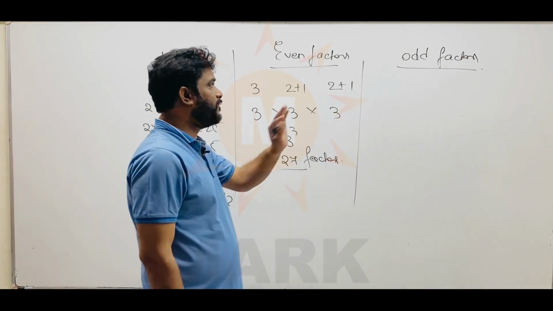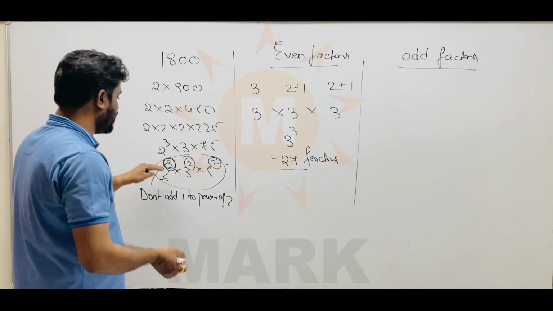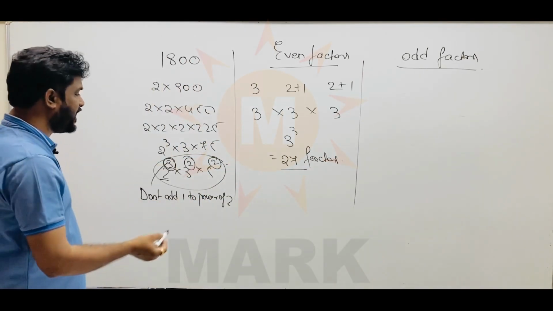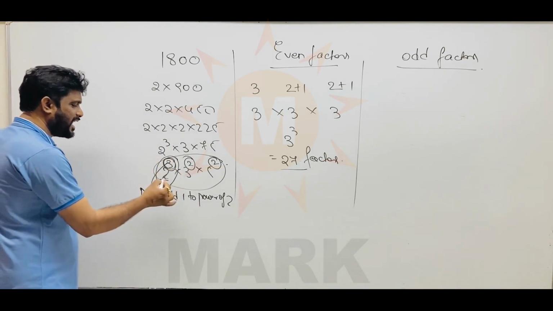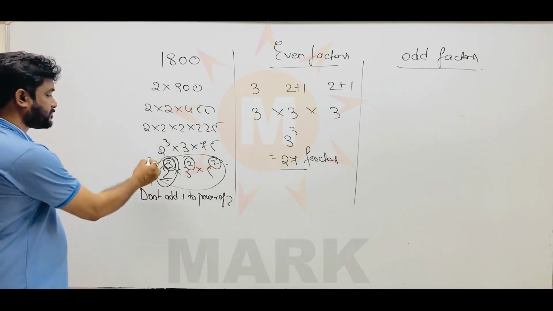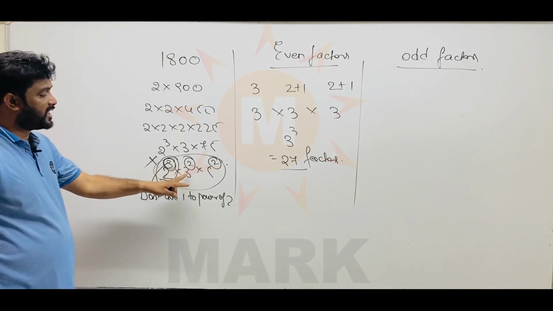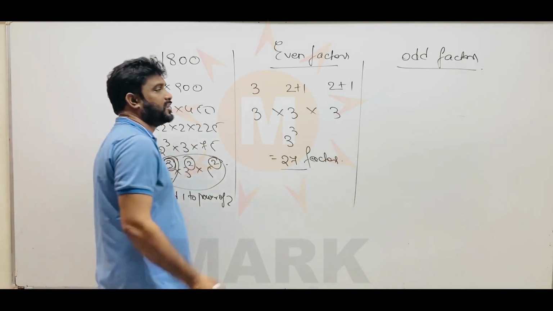My dear friends, if you go for the odd factors, this is even easier, right? Total minus even also will give it. Now in the odd factors, we neglect the entire section which has base 2. 2 power 3, the entire section we neglect. Only odd numbers. 3 power 2 is there, and 5 power 2. These 2 powers, this 2 and this 2, we will take.